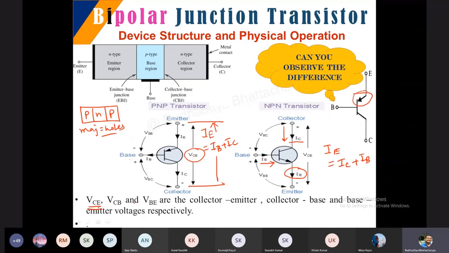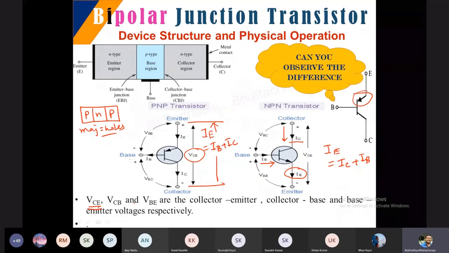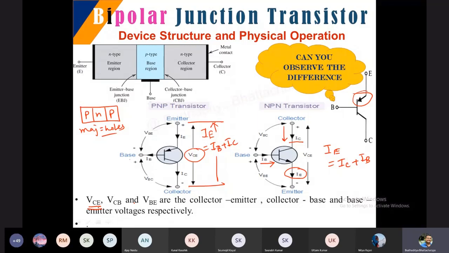You can say that we are collecting it in terms of output also. You can add a resistor across the collector and find out the voltage across it. That will be VCE. Each of these parameters has its individual role. We'll establish that later.